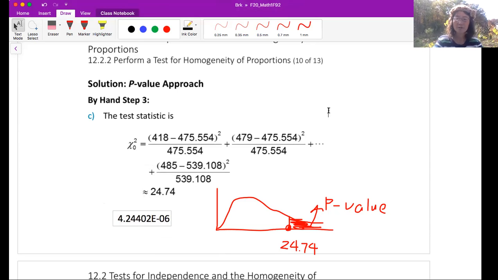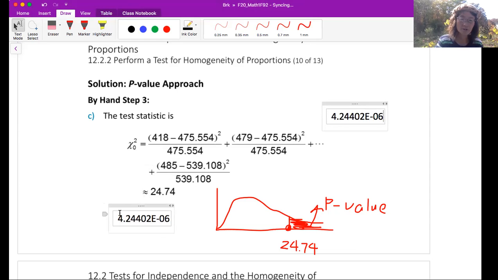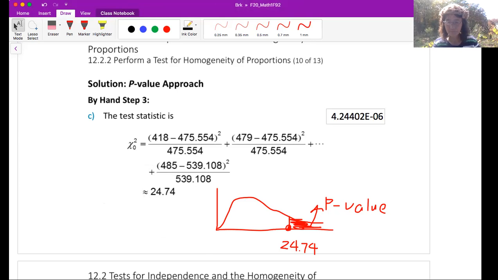Delete this one. I need to see the formula. Maybe I recopy the formula here. This is the formula, Control C, here. So this is the formula, and this is the result.